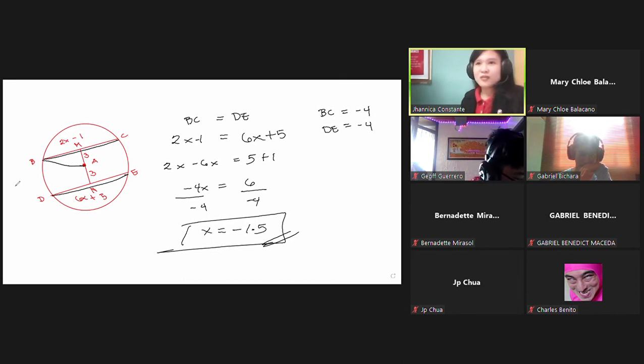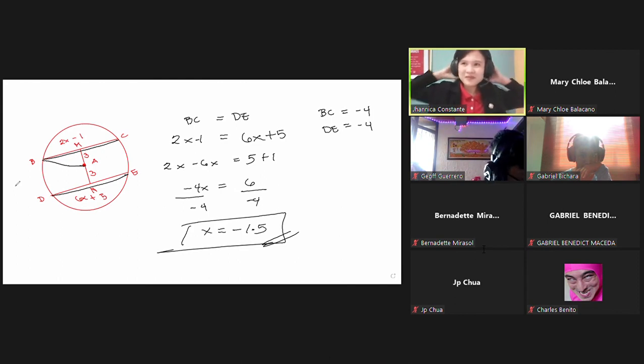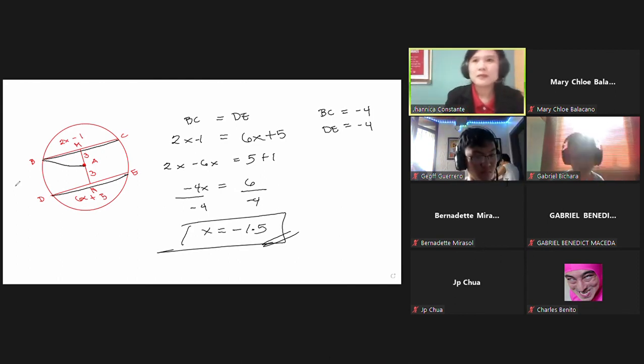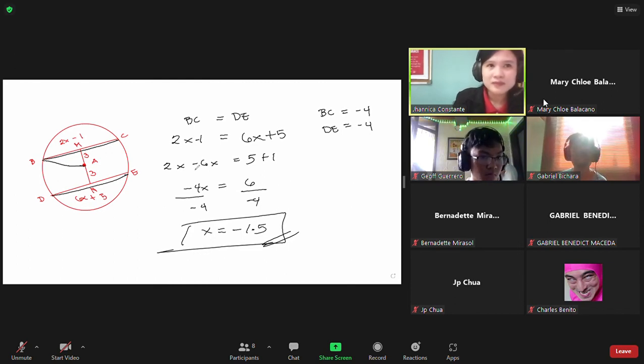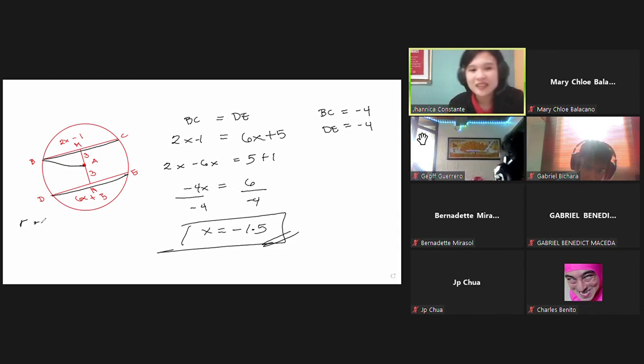Solve for the radius of the circle A that we have. What is the measurement of our radius?